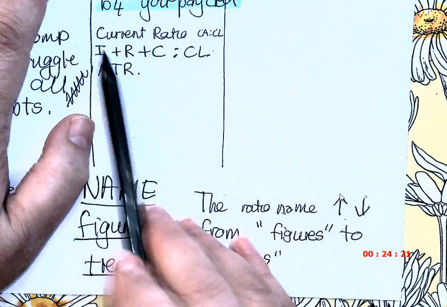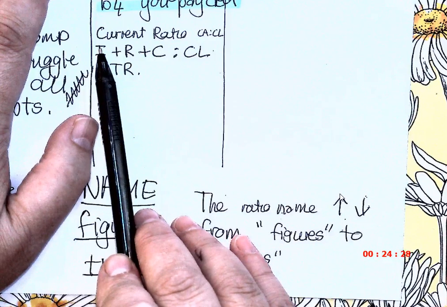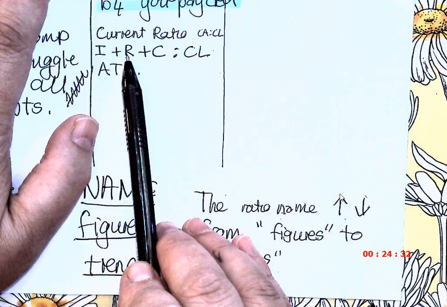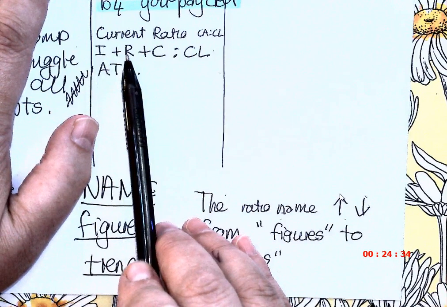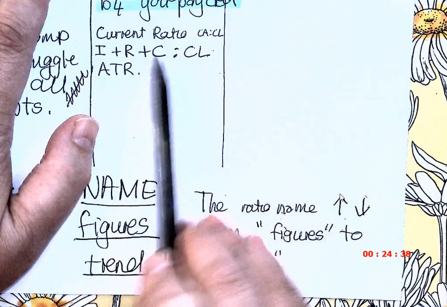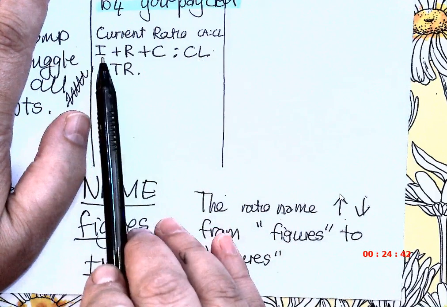Can you see the order, how it works? Inventory, stock, is furthest away from cash. I sell it, now people owe me, a little bit closer to cash. I get cash. Once I have the cash, I pay my creditors and buy new stock.